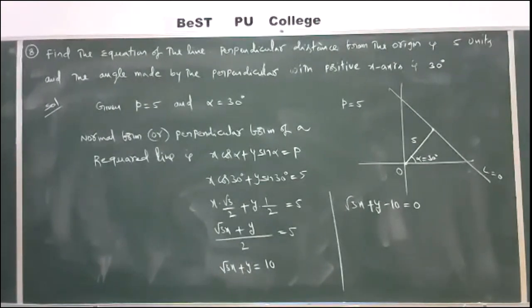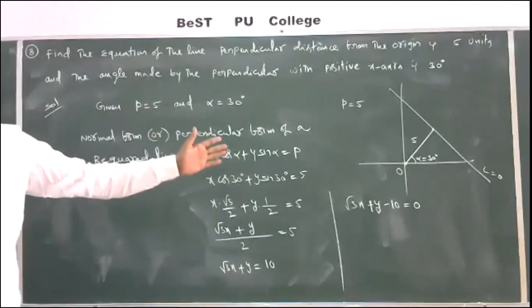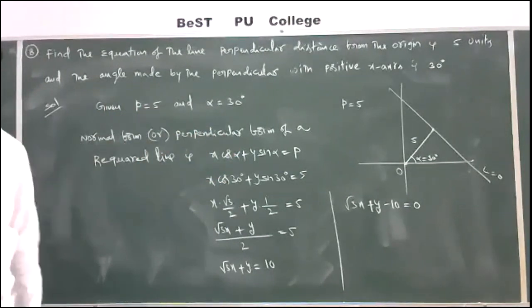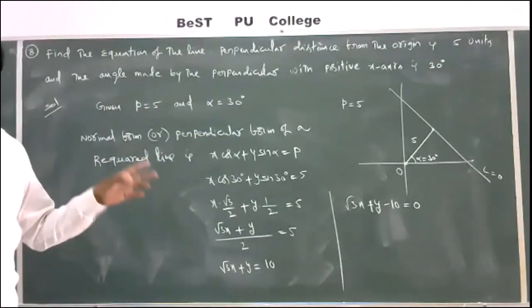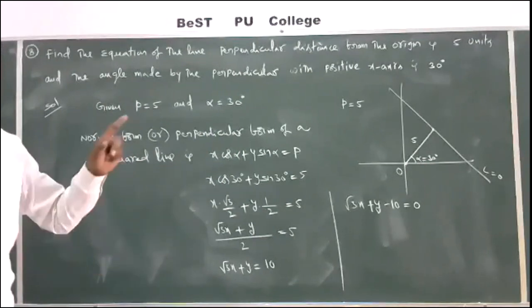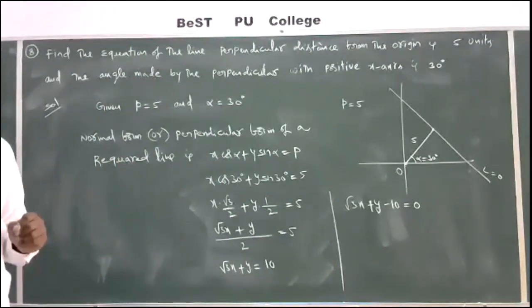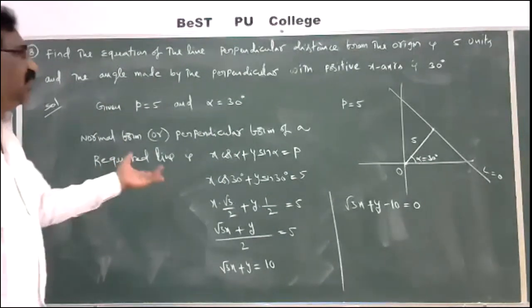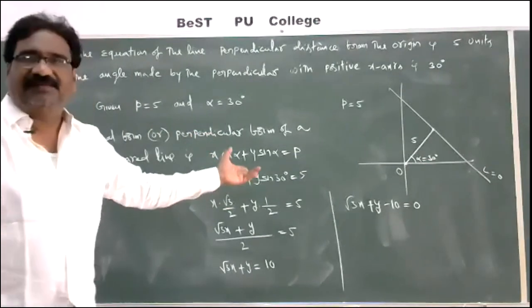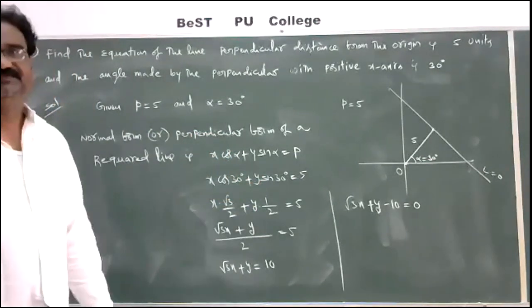So here the required line is in the form of normal form or perpendicular form. Yesterday we discussed the same theorem. What is the formula? x cos alpha plus y sin alpha is equal to P. Here P is the perpendicular distance from the origin to the required line, and alpha is the angle made by the perpendicular in the positive direction of the x-axis. So you substitute alpha is equal to 30 degrees and P is equal to 5 units.